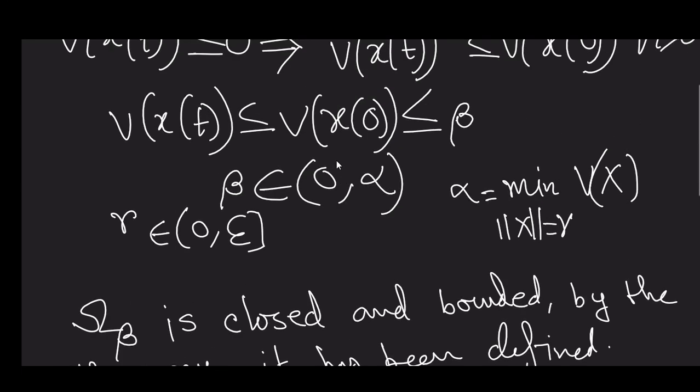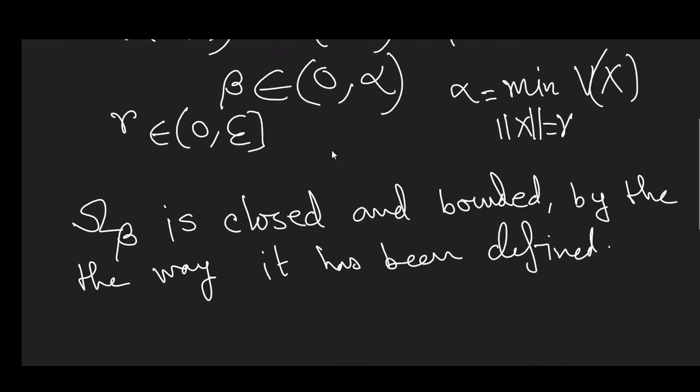See, the way we have defined omega beta, it is closed and bounded. So omega beta will play the role of W. Any trajectory that starts in omega beta will remain there for all t greater than or equal to 0, provided the initial condition is in omega beta.